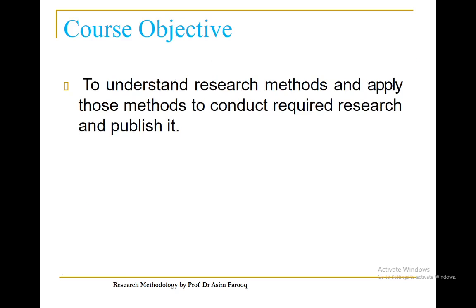So the objective, as I already mentioned in the introduction, is that for me the basic course outcome would be that if you have done something previously, I will help you sharpen, improve, and bring novelty to the same work, and you will be able to publish it, if not in an impact factor journal, if not in ISI, then at least in a Higher Education Commission recognized journal.